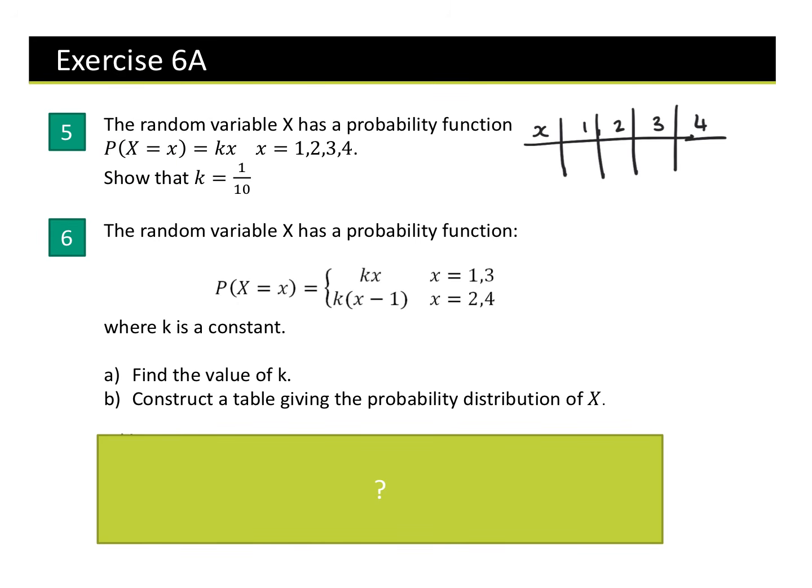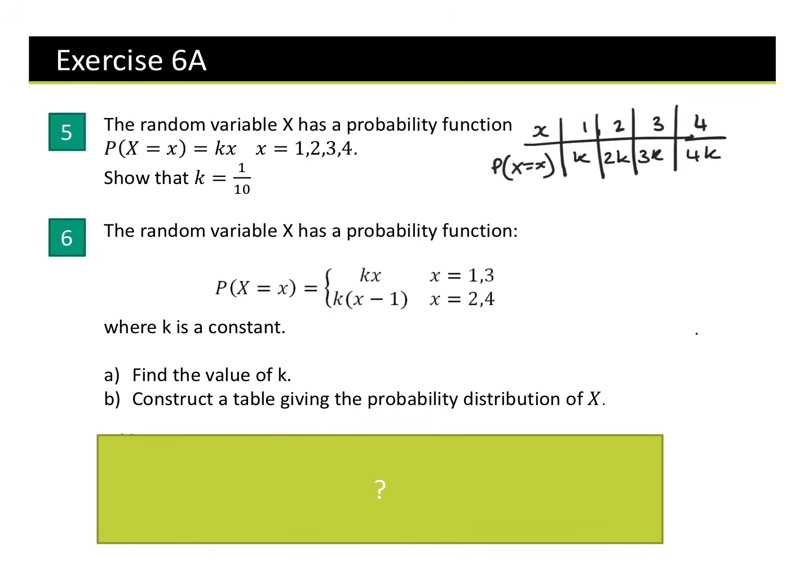Our formula is k multiplied by x. So the probability of x equaling x is k multiplied by x. 1 times k, k. 2 times k, 2k. 3 times k, 3k. 4 times k, 4k.